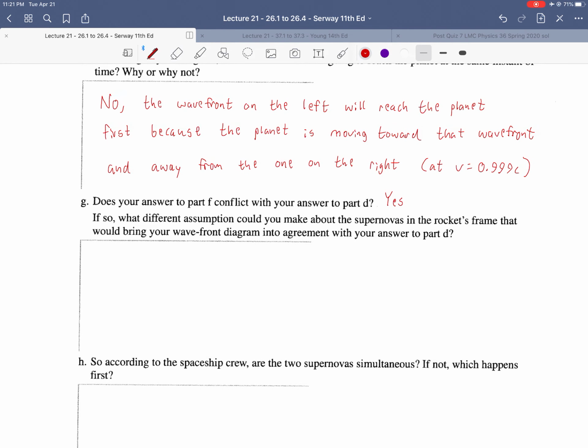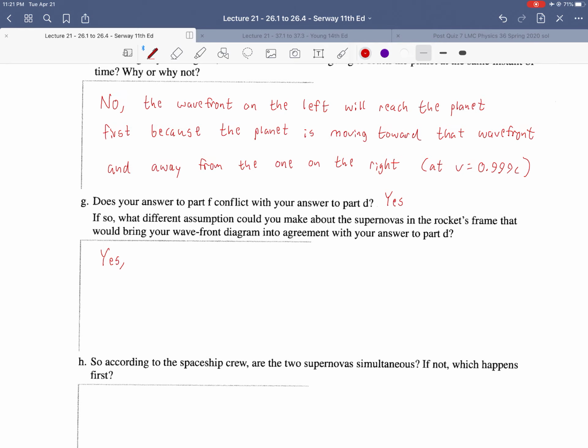So what do we do? If so, what different assumption could you make about the supernovas in the rocket's frame that would bring your wavefront diagram into agreement with your answer to part D? Okay, your answer to part D, again, being that the two waves arriving at the planet at the same time is an event. So yes, there is something we could do. We really only have one option.